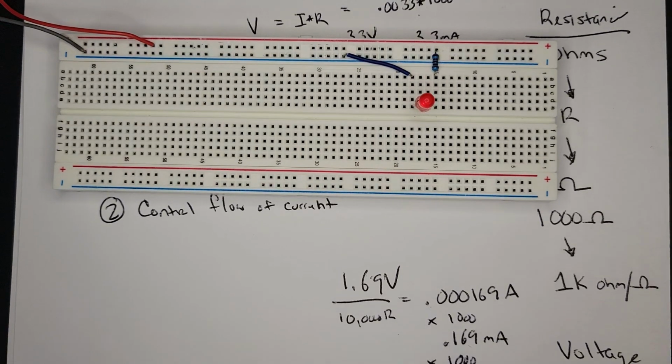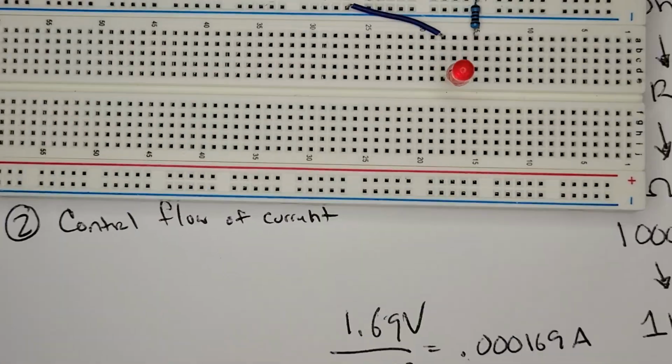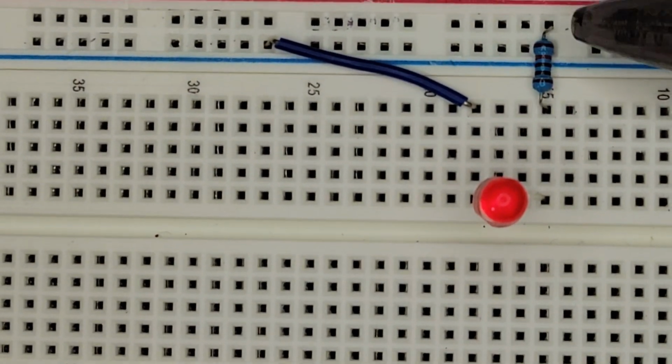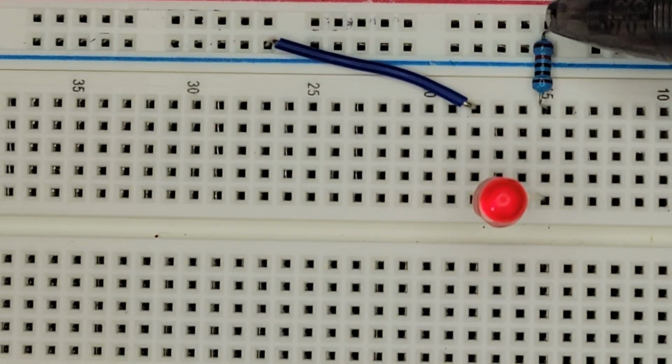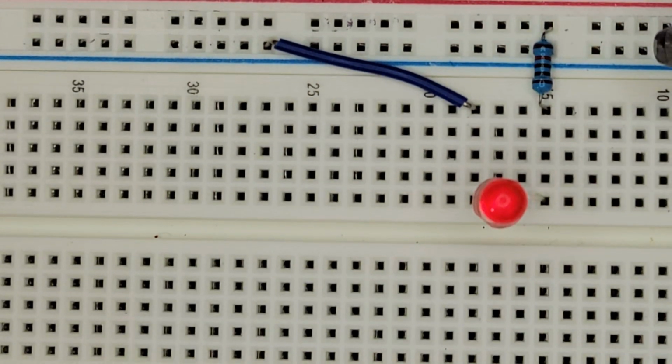And a couple things to note, when we have what we call a series connection, which is one path to ground. So in this case, we have power coming through the resistor, going through the LED, and then going to ground. The current in a series connection is constant everywhere.